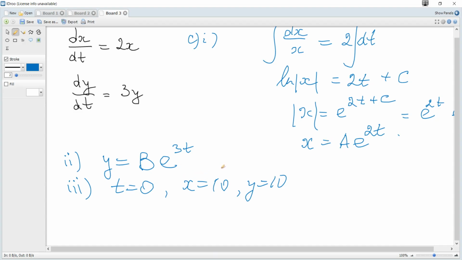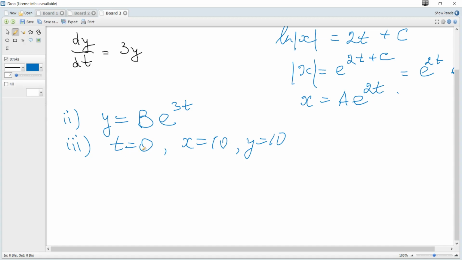Use the solutions to parts C to estimate the number of black and brown squirrels when t is 0.2. So to find x at 0.2, we should find the constants firstly. So just consider when t is 0, so x of 0 is just a, and it is given that it's 10, so a is found, and y at 0 is just b, and it's 10, just b because e to the power of 0 is 1.